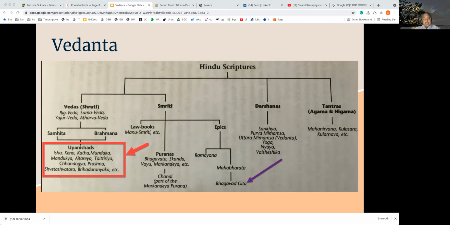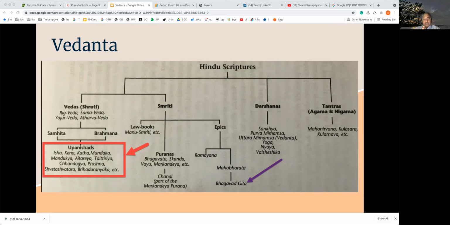And there are several Upanishads we saw in some of the previous sessions, and how they are distributed across the different Vedas. We are going to see a few of them, a few texts, in more detail, because they are far more relevant to how the Bhagavad Gita has been structured and organized.